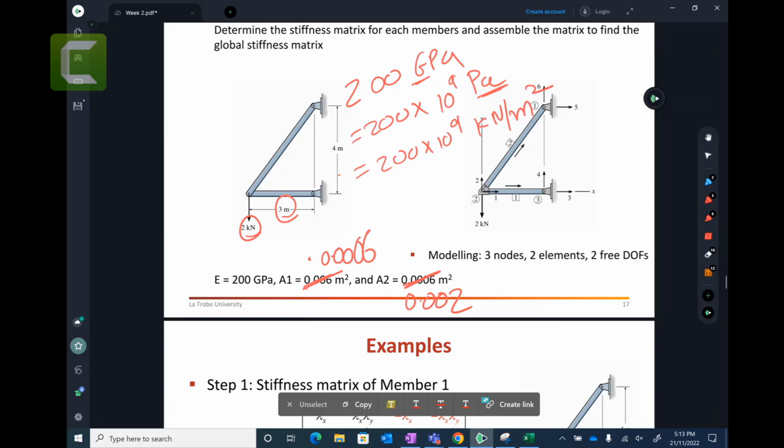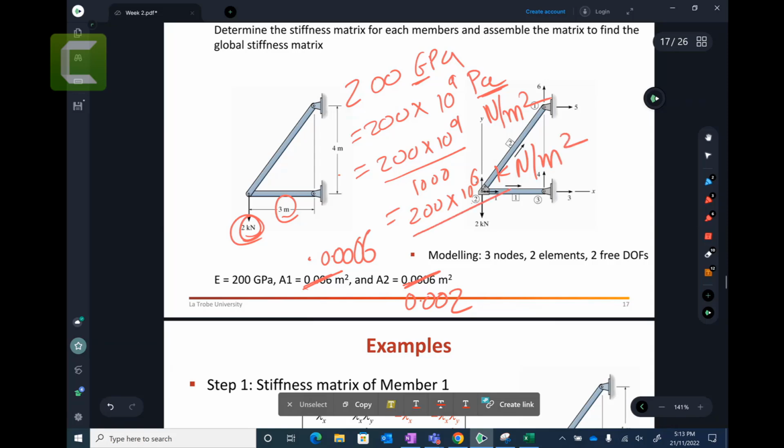Oh, sorry, pascals means Newton per meter square. But I need kilonewtons, so I divide by thousand to get it in kilonewtons. So 200 times 10 to the power 6 kilonewton per meter square. So 200 gigapascals is equal to 200 times 10 to the power 6 kilonewton per meter square. Exactly the same, just the unit conversion.